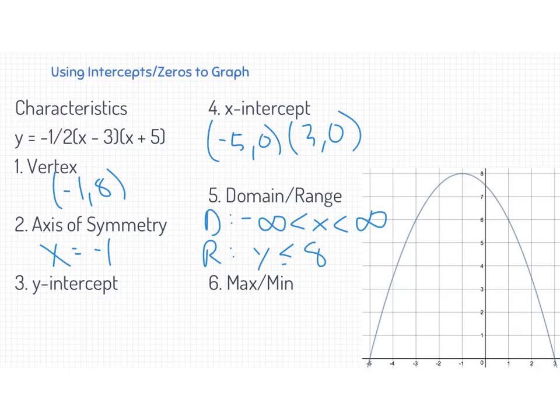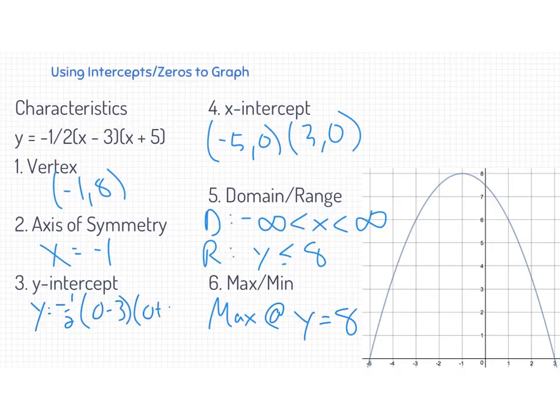Since we are concave down, we have a max at y equals 8. For our y-intercept, again, we substitute 0 in. We get negative 1/2 times 0 minus 3 times 0 plus 5.